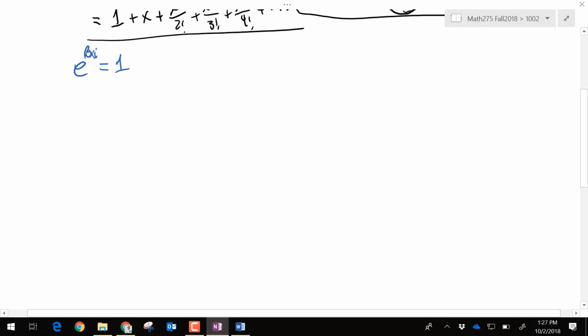So the first one is just a constant, it's 1. The next one is beta x i. The next one is beta x i squared over 2 factorial, beta x i to the third over 3 factorial, beta x i.